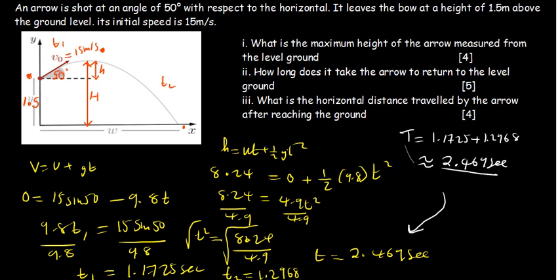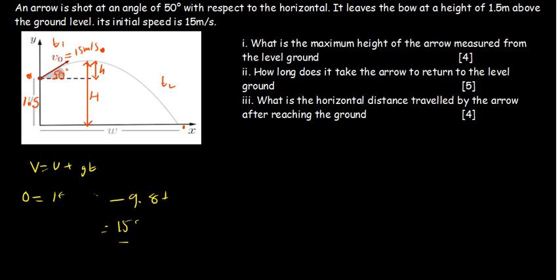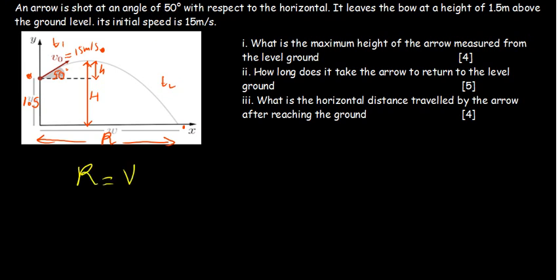Now the next one, we want to find what is the horizontal distance traveled by the arrow after reaching the ground. So the distance we're talking about is here, the range from the beginning of motion to the end. So range is given by velocity in the x multiplied by time of flight.